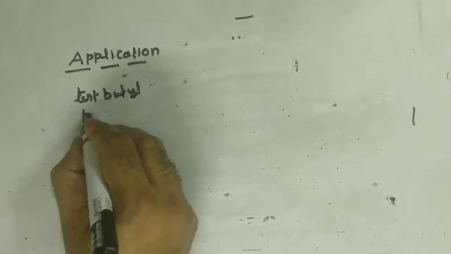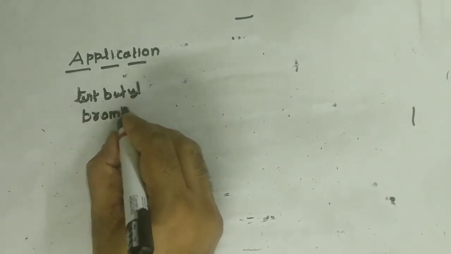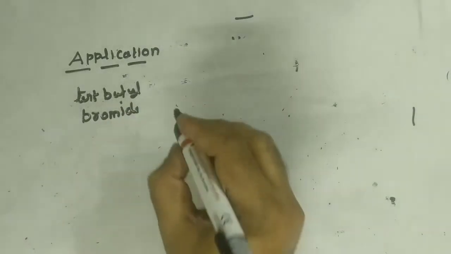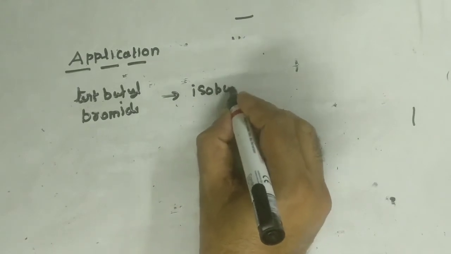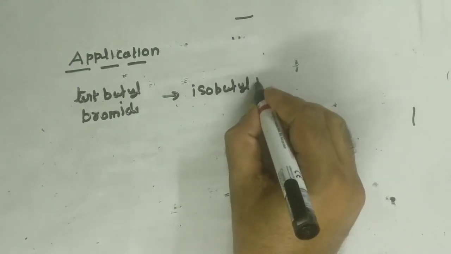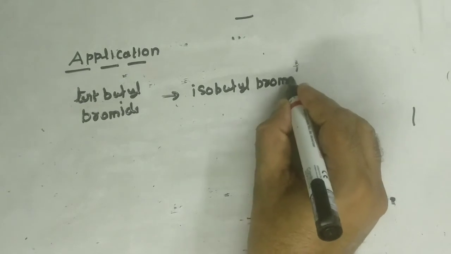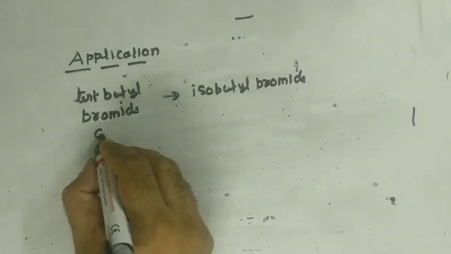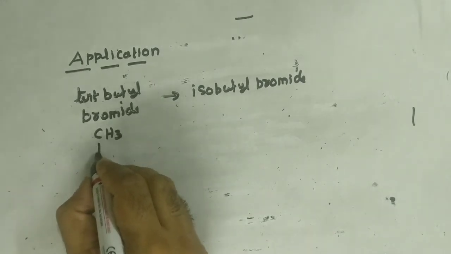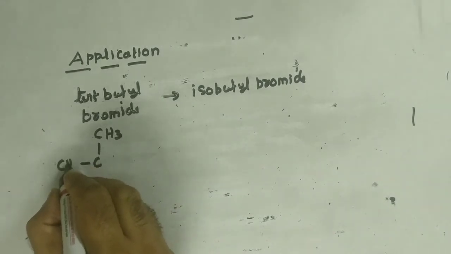Though we can do the reverse also, that is not an issue, because I just wanted to show you this. This is given as such in the NCERT. I want to convert tertiary butyl bromide into isobutyl bromide. First of all, let's draw the structure. What is tertiary butyl bromide? Tertiary butyl bromide is this.